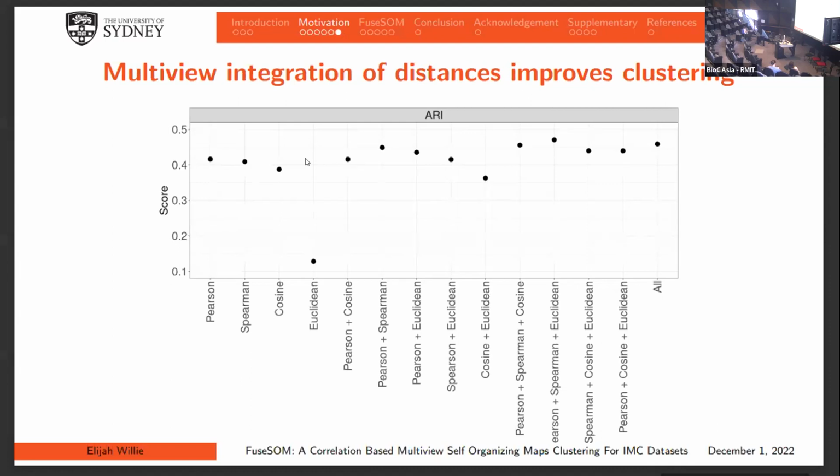So we decided to pick 4: Pearson, Spearman, cosine, and Euclidean, and generated a Cartesian product of all of them and used that to cluster the data set. You can see in this plot, again for the ARI, for the times where we do combine more than one distance, we do get the most optimal performance. So there is something happening there where we can combine these metrics into one and get that.